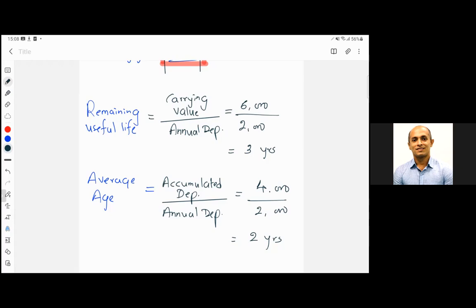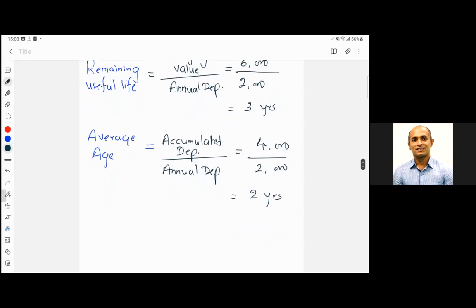Now, this asset has been used for 2 years. The remaining useful life is 3 years. Then how much is the estimated total lifetime? You have used 2 years by now, and the remaining useful life is 3 years.